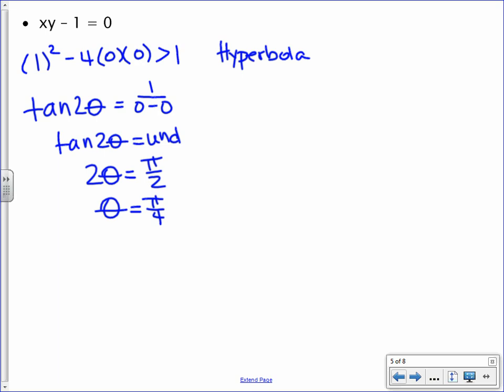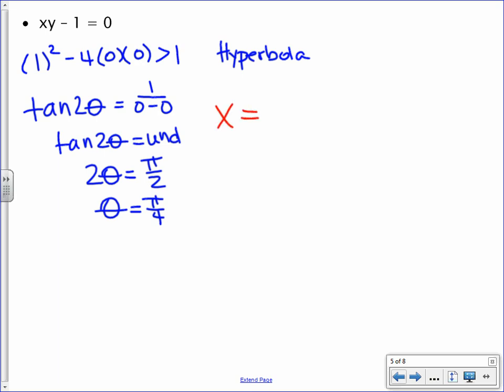Now what's next? What do we do with our angle? We need our substitutions, right?